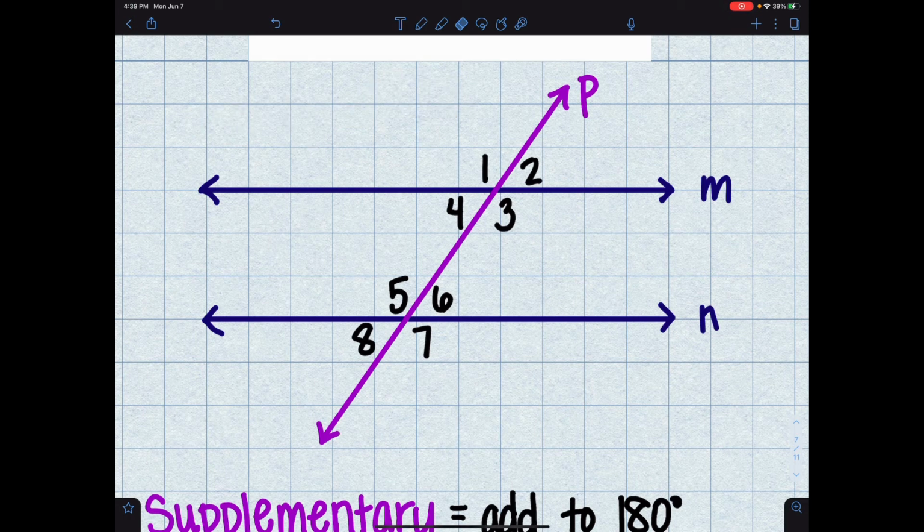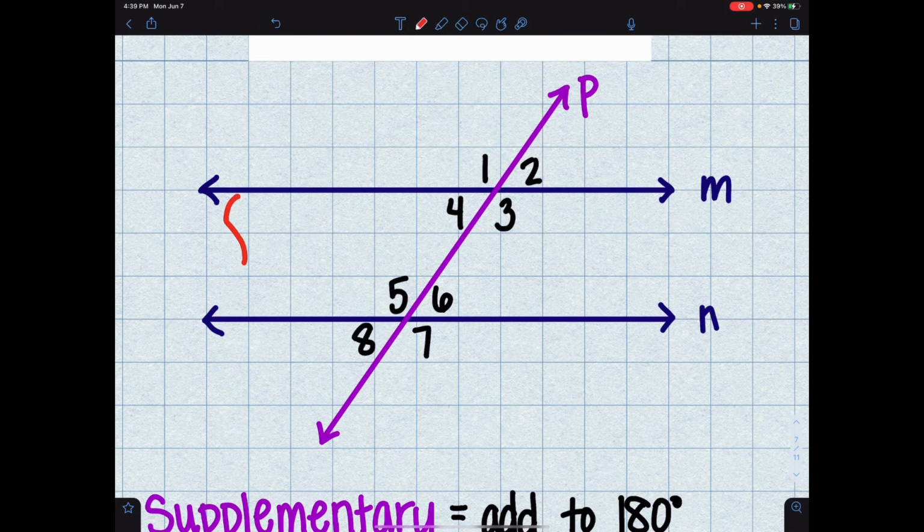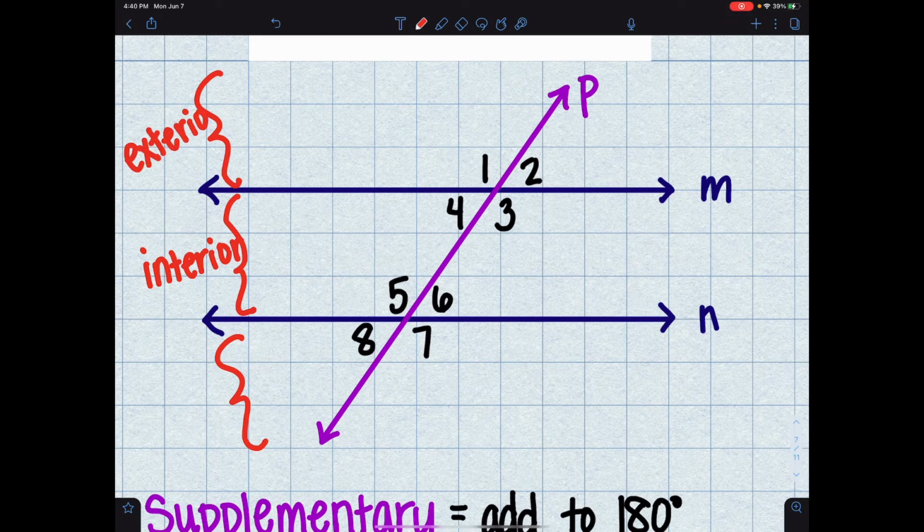Cool. Okay, now there's another vocabulary word. There are going to be interior angles and exterior angles. And what you do to figure that out is super easy. If it's in between the parallel lines, then it's interior, kind of like the interior of a house, or the inside of a house. If the angles are on the outside, this or this, they're called exterior, or the outside of a house.